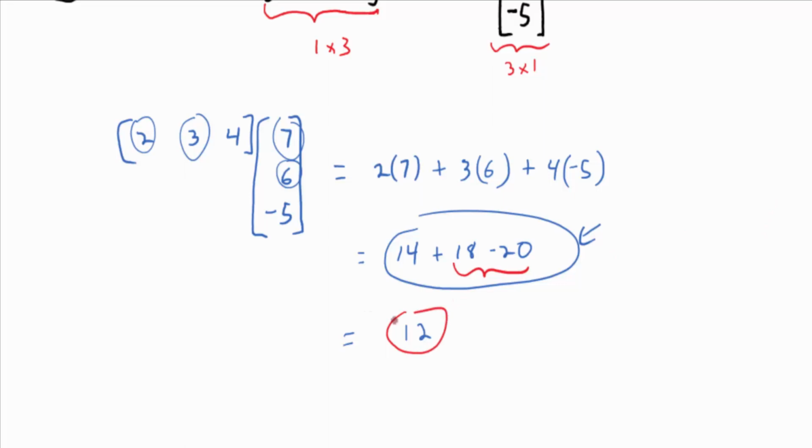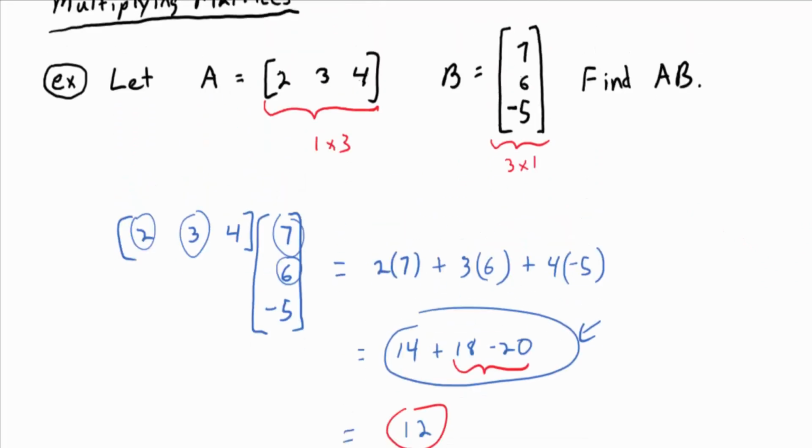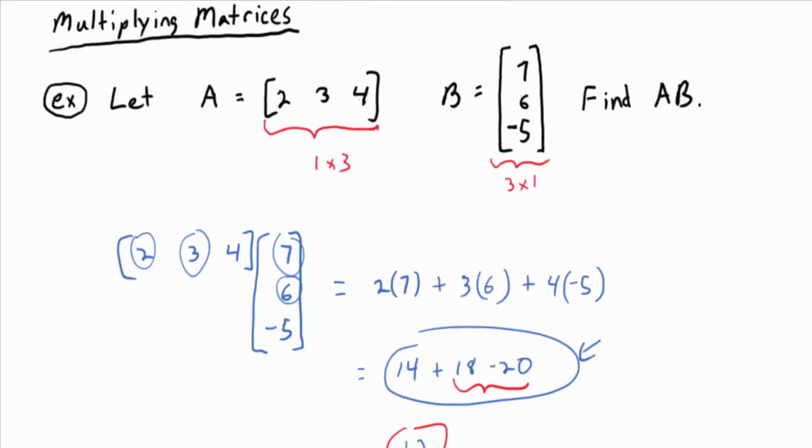Now let's analyze a couple of things here. The reason for that correspondence between first entries, second entries, third entries is due to the order. A was a 1 by 3, and B was a 3 by 1.